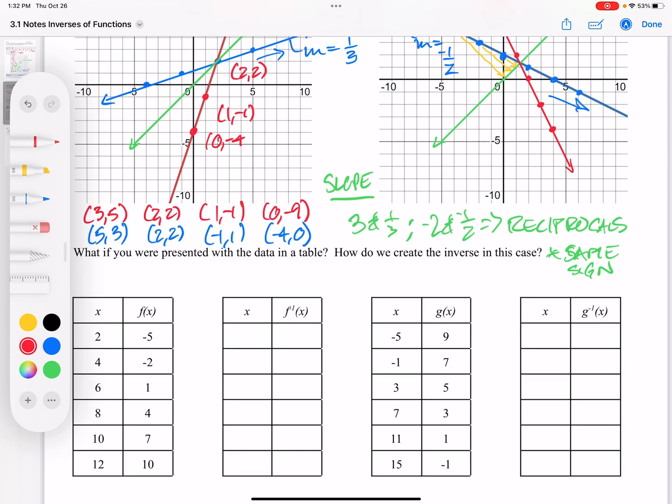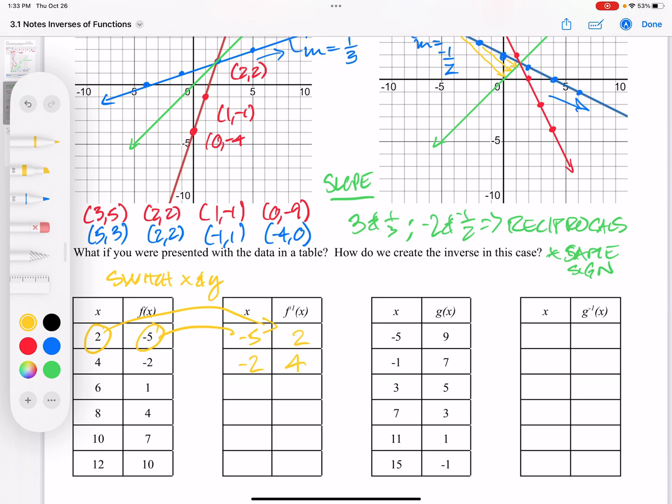Okay, next, if we wanted to get it into a table, this is very simple. Again, the principle of inverses is that we switch x and y. So all that we do is we take our y value and put it into the x. So this becomes -5. We take the x value and put it into the y, so that's 2.